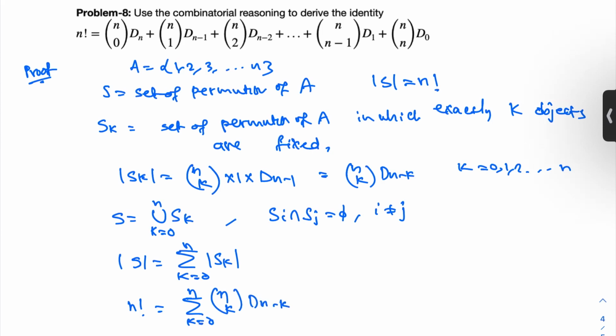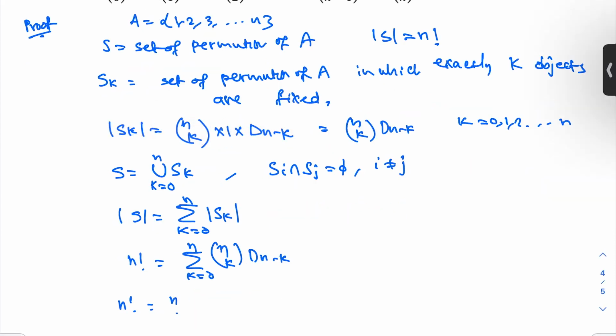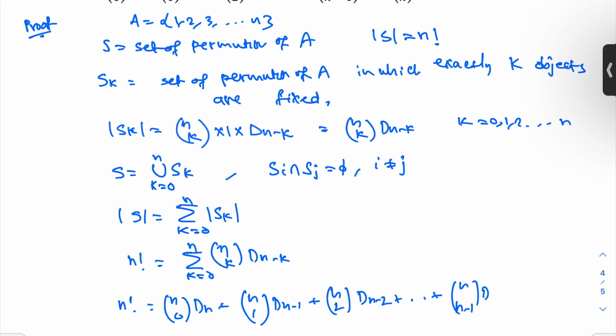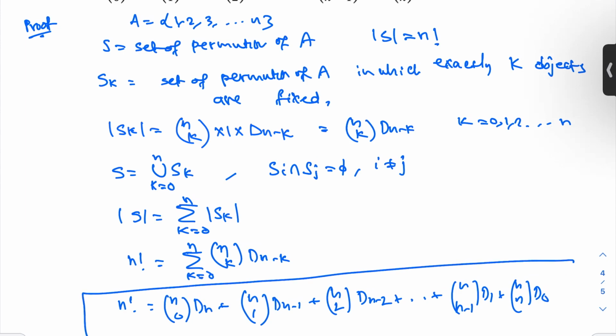Therefore, n factorial is n choose 0 times dn plus n choose 1 times d(n minus 1), plus n choose 2 times d(n minus 2), and so on, n choose n minus 1 times d1, plus n choose n times d0. This is the identity. We have given combinatorial reasoning, so this is a combinatorial proof for this identity. Fine.